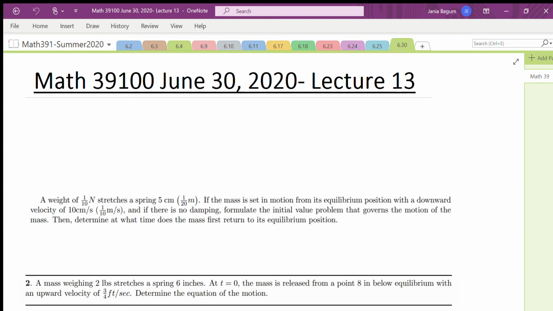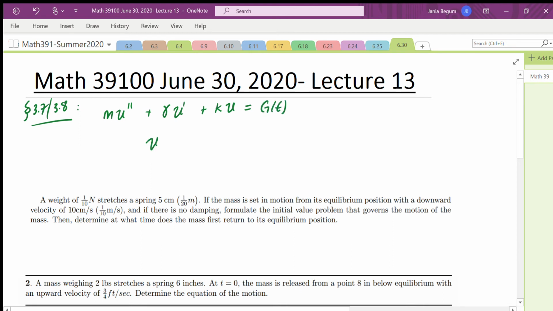So I'm just going to rewrite the formula one more time. We're going to use the formula m times u double prime plus gamma times u prime plus k times u is equal to some function g of t, along with u of 0 and u prime of 0.